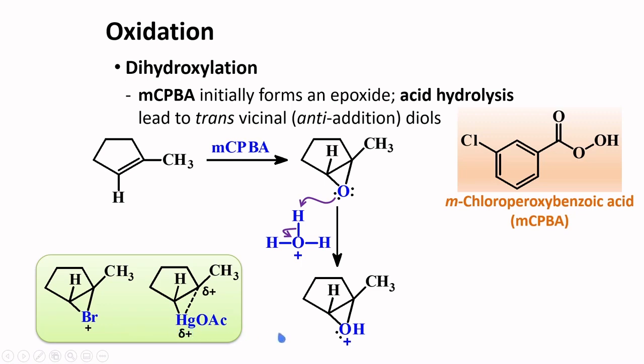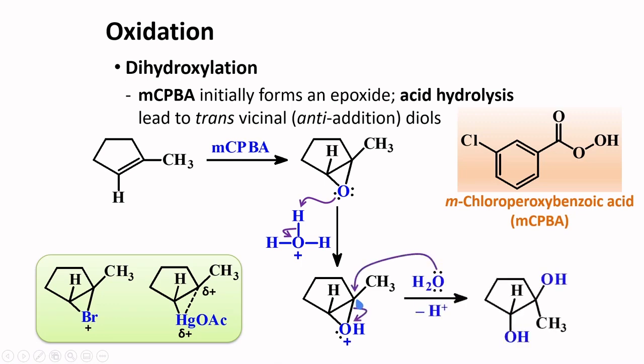The presence of the positive charge on oxygen makes it more electronegative and allows it to pull electrons towards itself and bring a partial positive charge to this more substituted carbon. Hence, the nucleophilic water can attack at the opposite side of the epoxide and form this alcohol upon proton transfer.